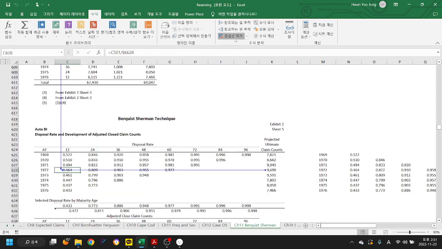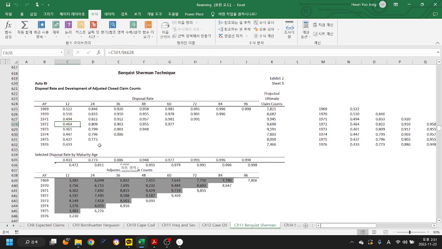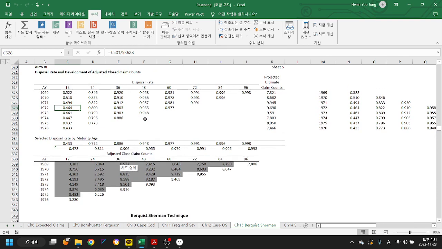And I can get the disposal rate development factor. As time goes by, it probably reaches 1, right? Out of the total estimate of ultimate claim counts, I settle everything, so it is called the disposal rate.